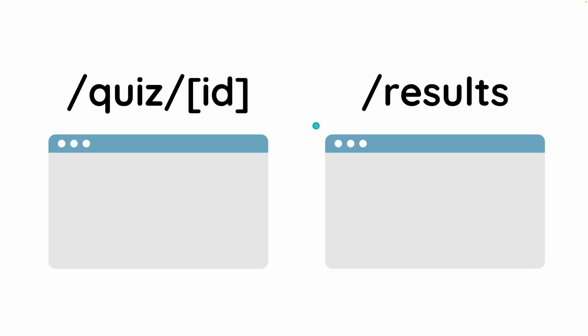So instead, we need to store the answer state within some sort of global state that is accessible by any component and any page. And luckily, of course, we can do that with Svelte. So let's go ahead and define this state.